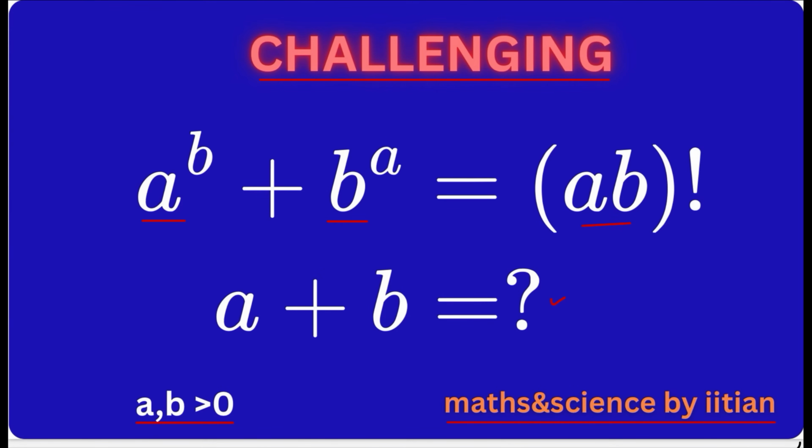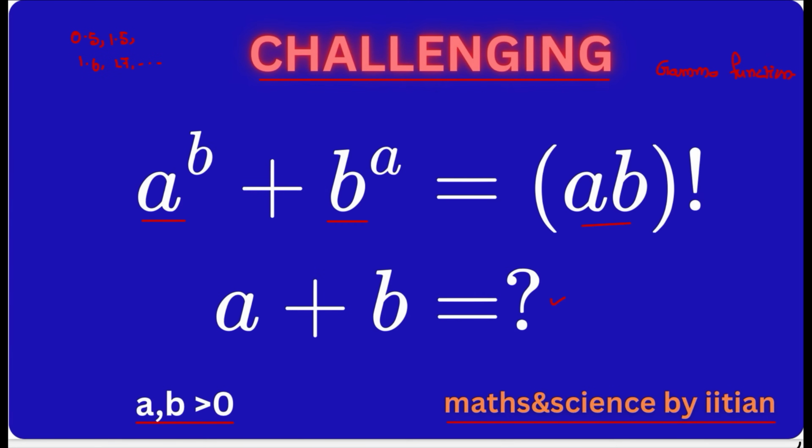If integers are not available for a and b, then we have to invoke the gamma function here to find out the factorial of a non-integer number, like factorial of 0.5, factorial of 1.5, factorial of 1.6, 1.7, like this.